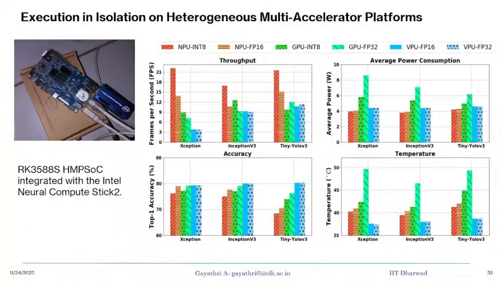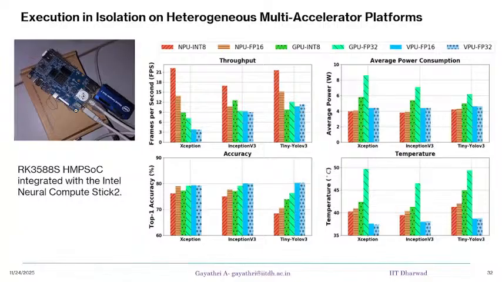Quantization is one of the ways you can reduce your model size and your storage requirements and so on. Each of these accelerators allows you to run your model with different precisions, and with higher precision you have more accuracy, but you also consume more power.